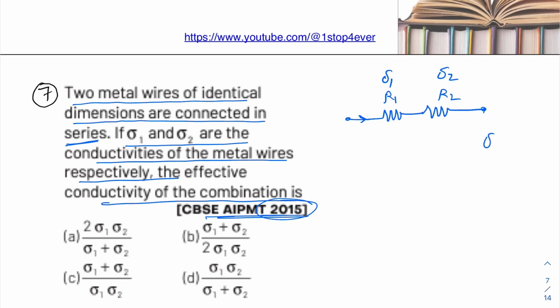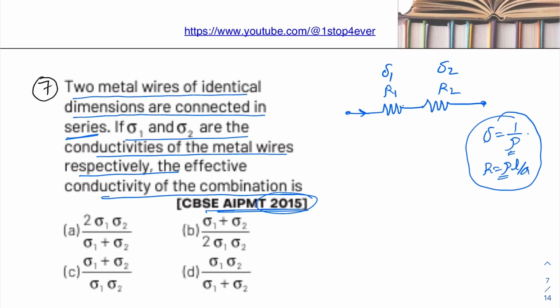First, conductivity is inversely proportional to resistivity. R equals rho L by A, and the reverse of the resistivity is known as conductivity. If conductivity is more, that material will conduct more, meaning more current can pass. If resistivity is more, then less current will pass because it will resist the flow of current. So it is very important.